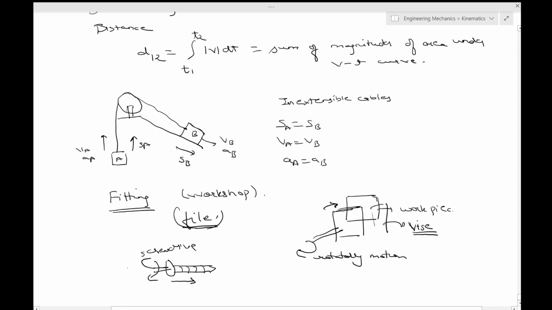Similar with a nut and bolt. If you have this bolt with all these threads, and then there is a nut, the nut has to keep on rotating. Eventually it moves rectilinearly in this direction.